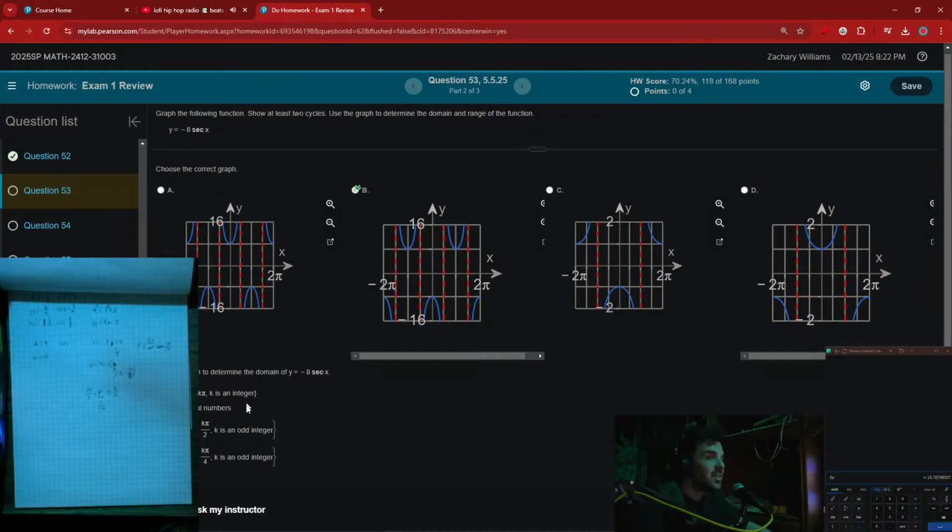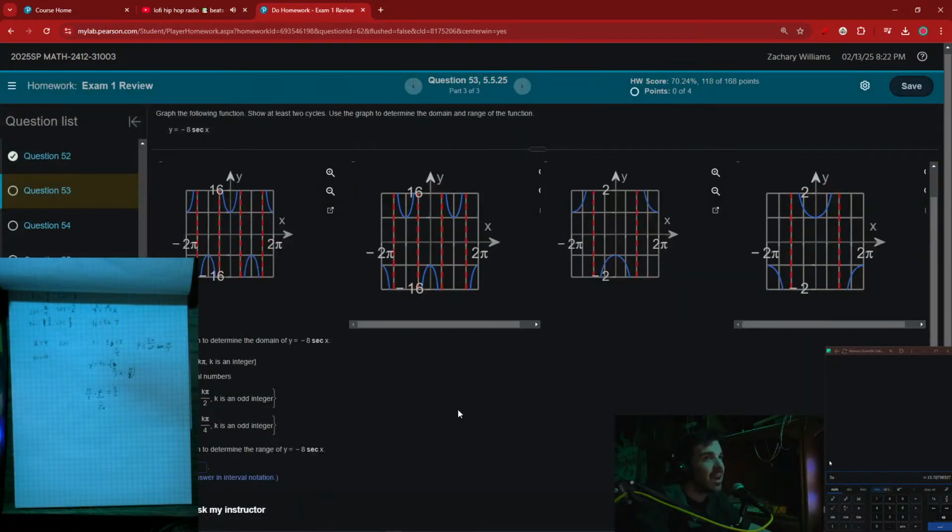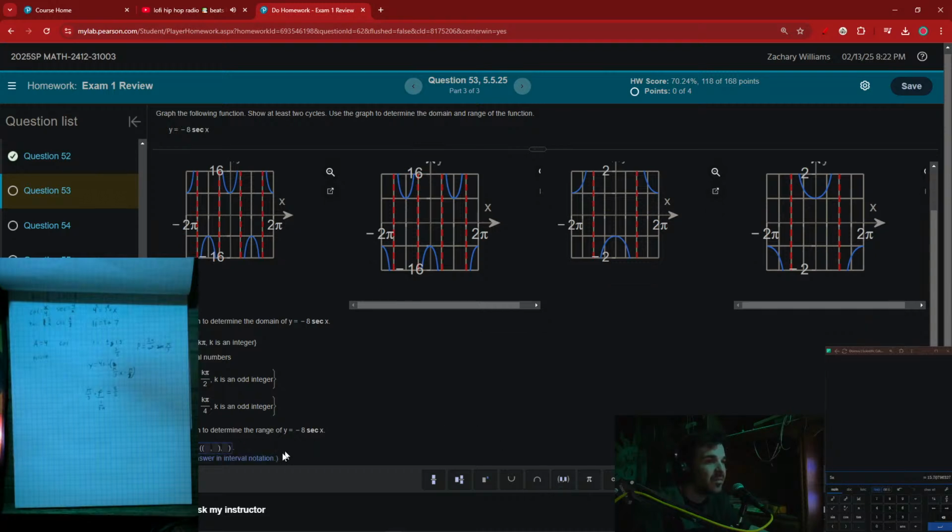So with this one, I'm thinking the asymptotes are at 0 wherever cosine is at 0, right? I'm thinking I gotta go with this one, right? Because that's the inverse of 2 pi over 1 bow, right? I don't like how I came to that conclusion. Range is... Ugh.